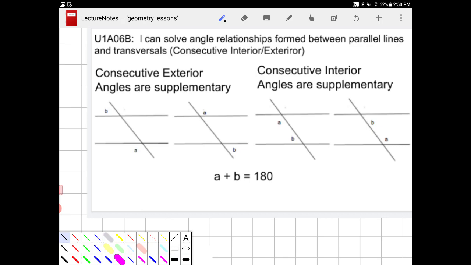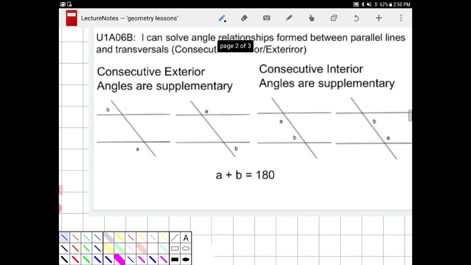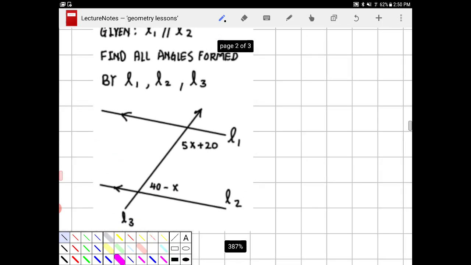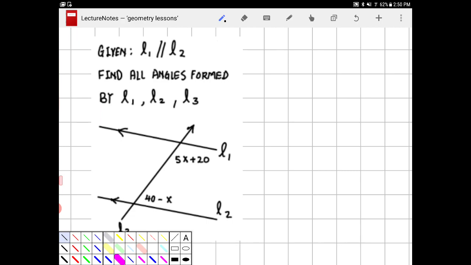Let's take a look at some applications of these two concepts. In this problem, you're given line 1 and line 2, cut by a common transversal, line 3. Some angle relationships are shown. The angle on the top half of the parallel lines is 5x plus 20, and on the bottom half it is 40 minus x.